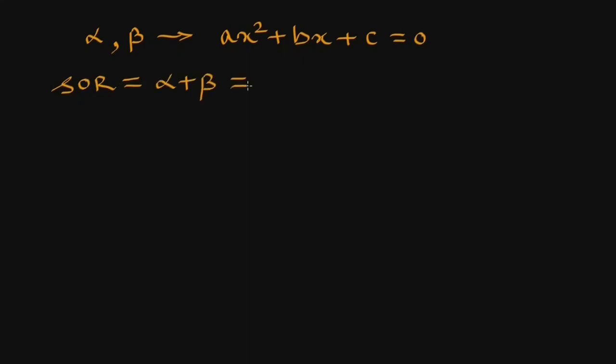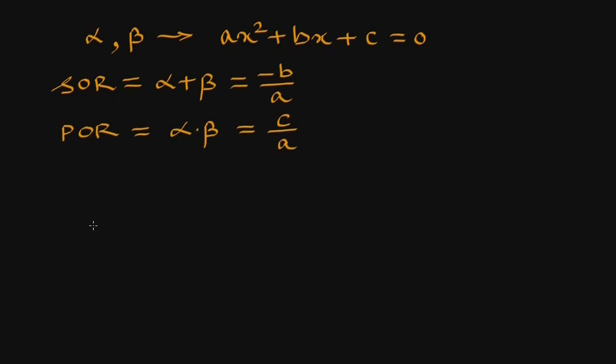We know that if alpha and beta are the roots of a quadratic equation ax square plus bx plus c equals 0, then the sum of roots alpha plus beta will be minus b upon a, and the product of roots alpha beta will be c upon a.